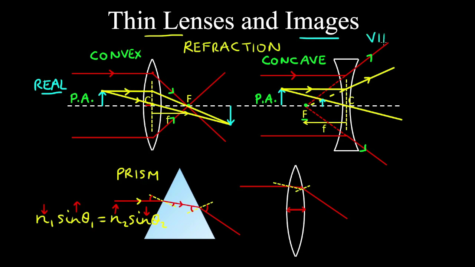So this is called a virtual image because these refracted light rays diverge away from each other, but the intersection is here, so they appear to have originated from this point, and therefore the virtual image is formed on the incident side of the lens.